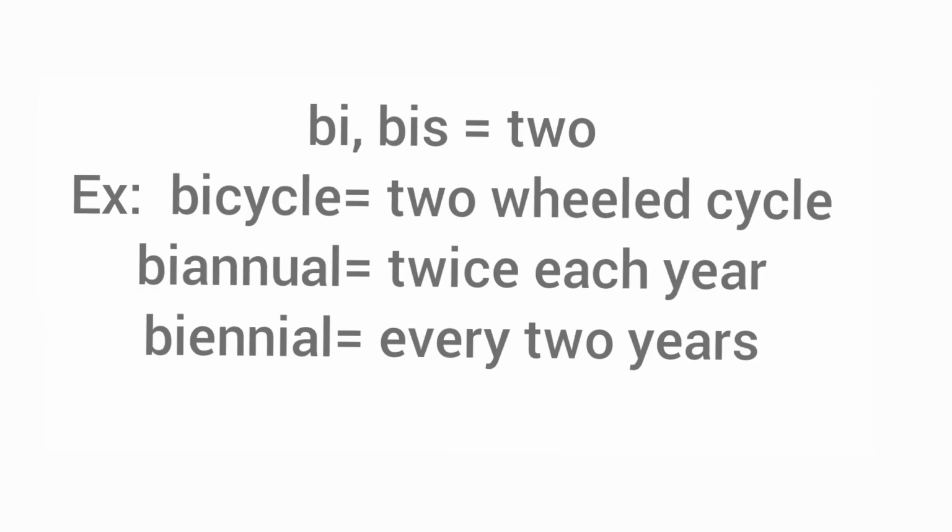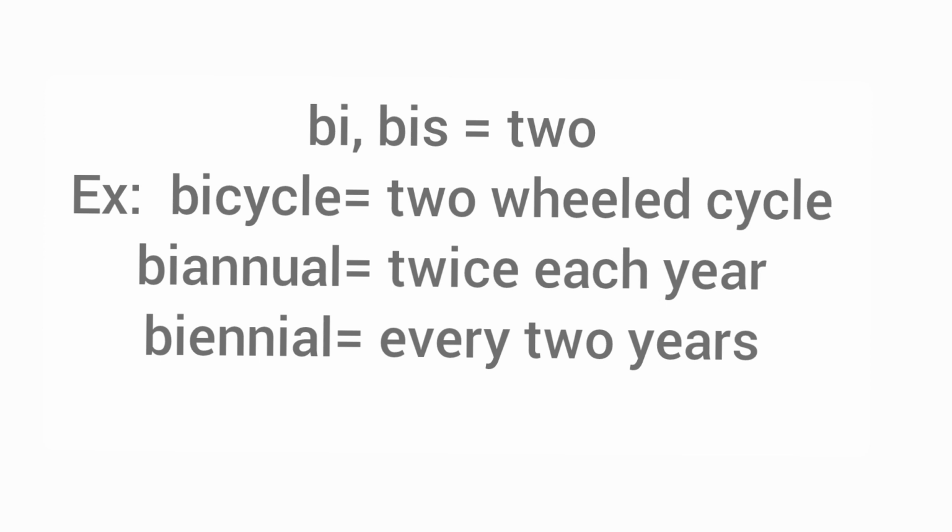Anti means against. Example, antifreeze, meaning a substance to prevent freezing. Antisocial, which refers to someone who is not social. Bi or bis, which means two. Example, bicycle, which means two-wheeled cycle.